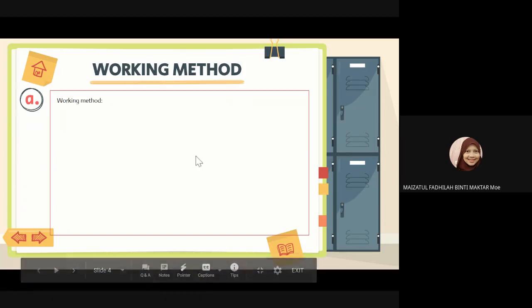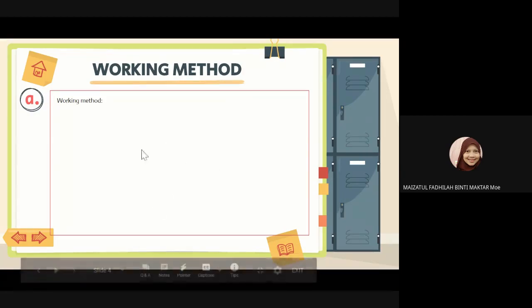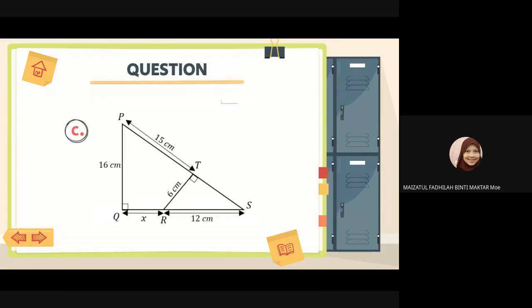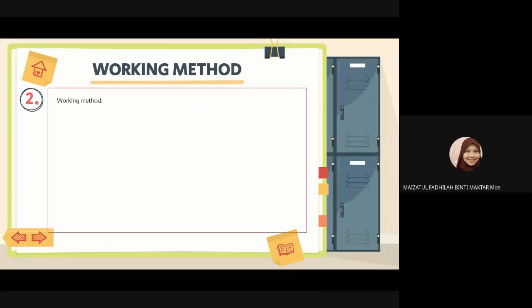I repeat, do it in your exercise book, then snap the picture and attach it following the question, so I can mark it. Then for question number 2, write it down in your book and put the picture of your working method at the correct slide.